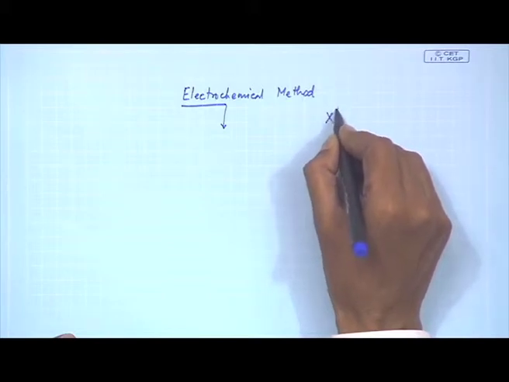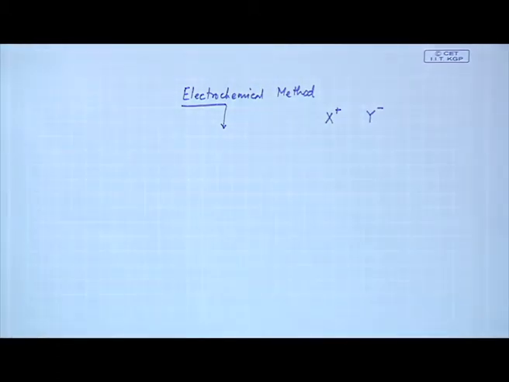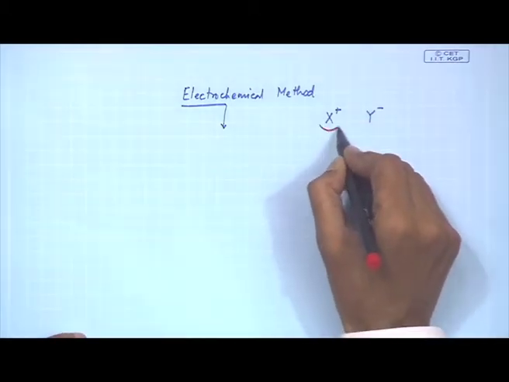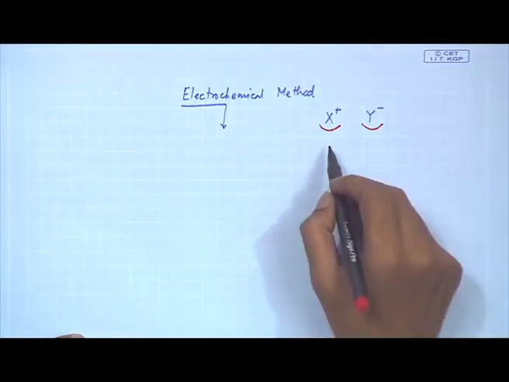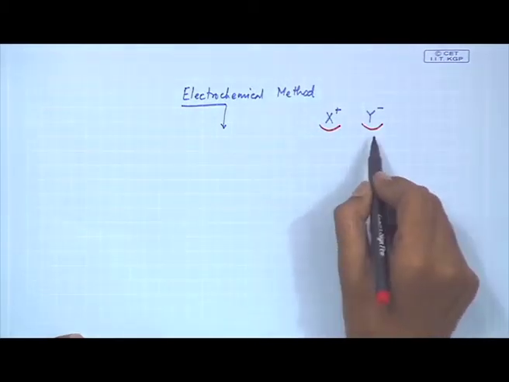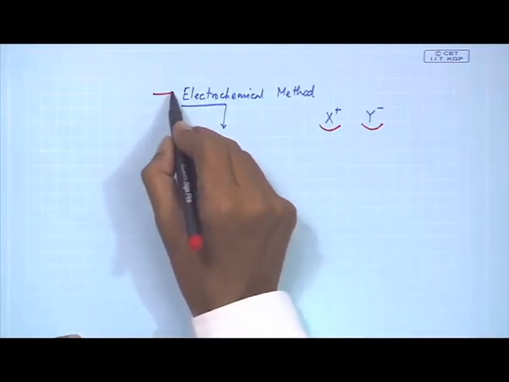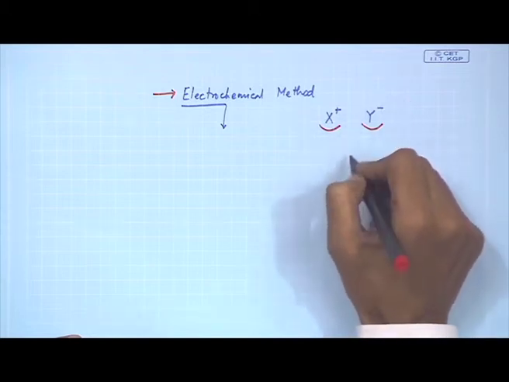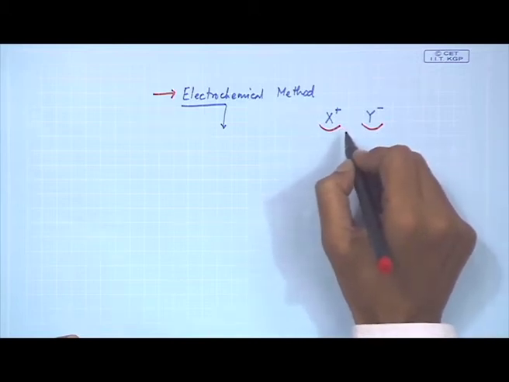It can be X plus or it can be Y minus, because when we study analytical chemistry courses, we must always have a good idea about the identification first, then quantification of species like X plus or Y minus. So, when we take the help of electrochemical methods, definitely we should go for some electron transfer reactions on cathode and anode as we are discussing.